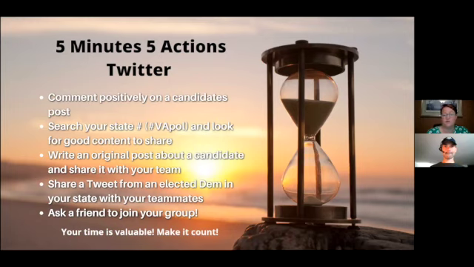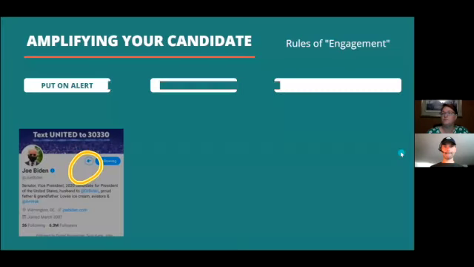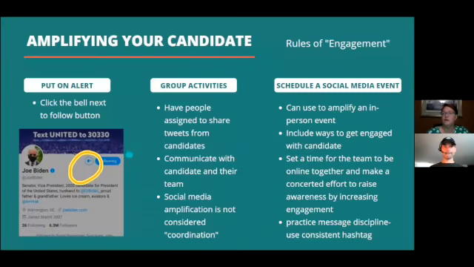It doesn't have to take lots and lots of time. If people are just willing to get on even 3 or 4 times a week for 5 minutes, that can make a big difference when you're talking about multiple people. All right, so amplifying your candidate, just some ideas.